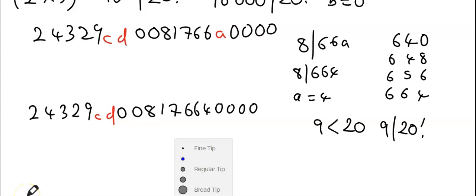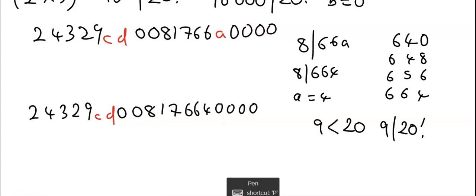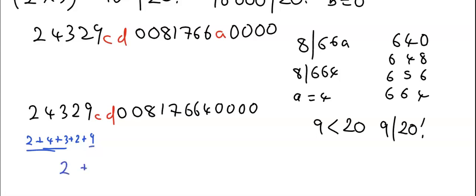So we come along here, 2 plus 4 plus 3 plus 2 plus 9, 6 plus 3 is 9, plus 9, that leaves the 2.